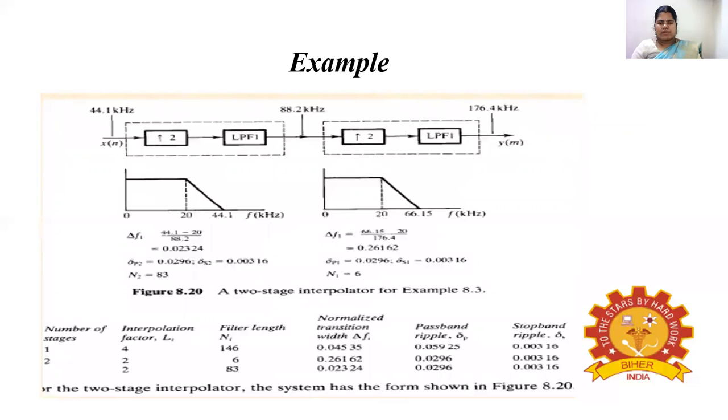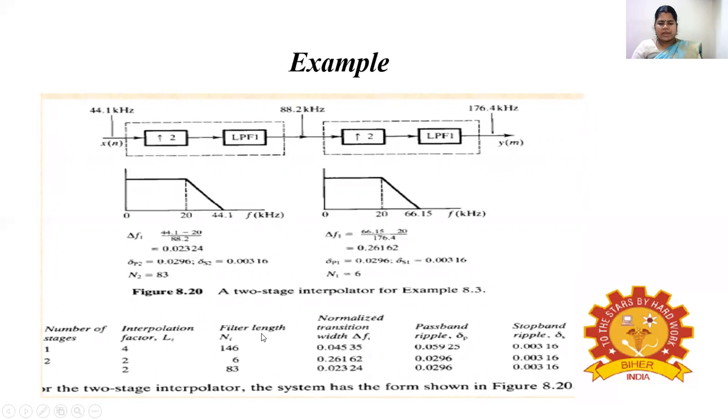Here also we have a single-stage and a two-stage interpolator. This block diagram is the representation of a two-stage interpolator. With the number of stages 1, the interpolation factor L will be 4.